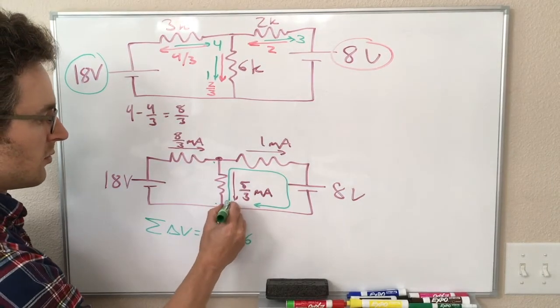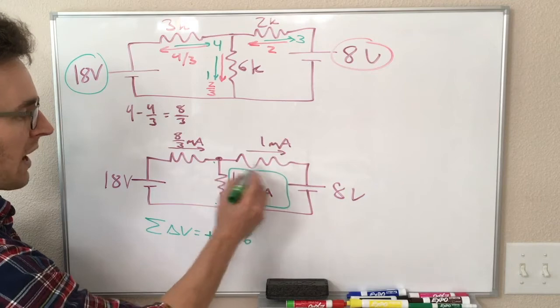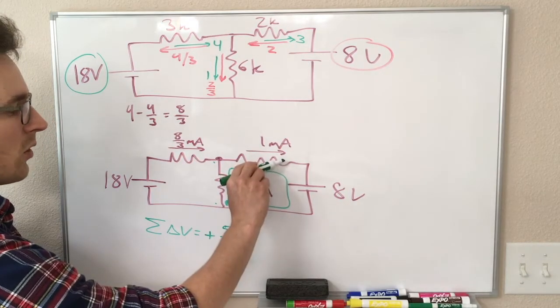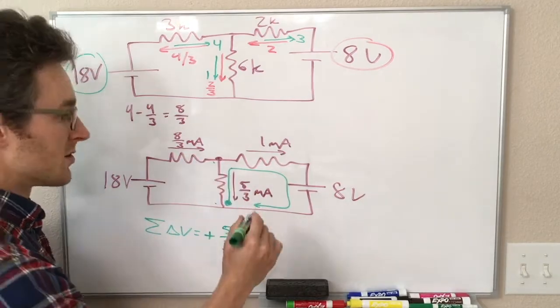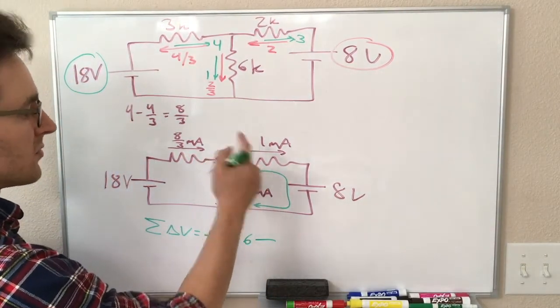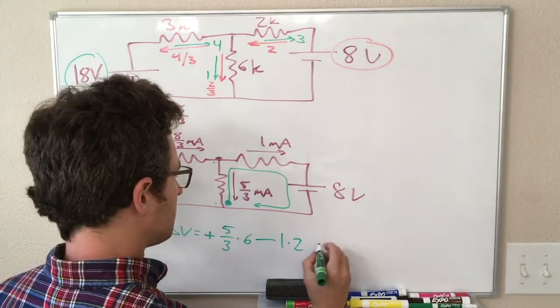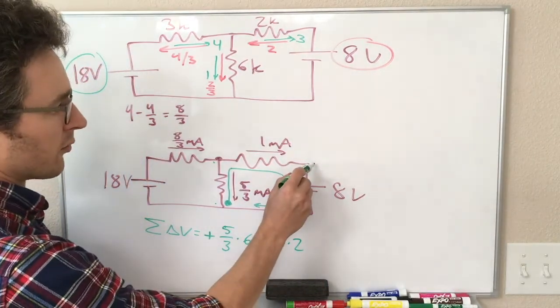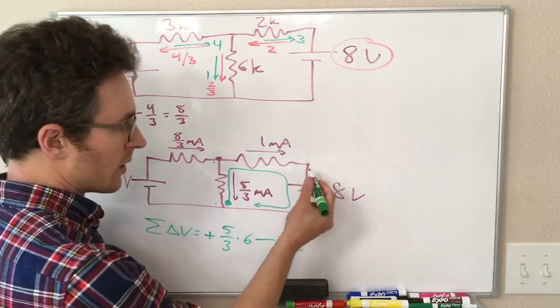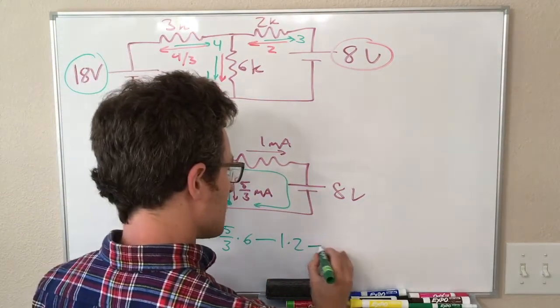Then continuing our path around the circuit, going from here to here, we're going in the same direction as this 1 milliamp of current. So that's going to be a decrease in voltage of I times R. So that's 1 times 2 kiloohms. And then finally, going from here to here, we are going from the positive side to the negative side. So we are decreasing our potential by 8 volts.